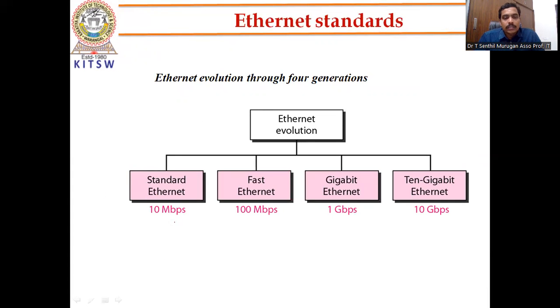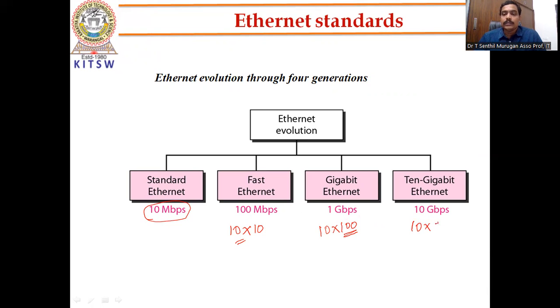A 10 Mbps speed means the standard Ethernet. Fast Ethernet is 10 times faster than standard Ethernet. Gigabit Ethernet is 10 times faster than fast Ethernet.